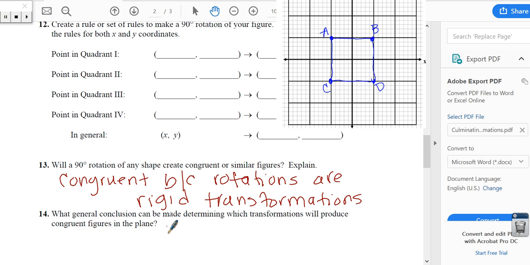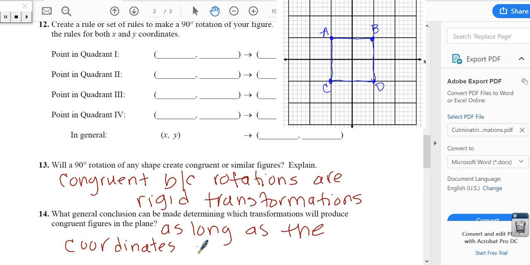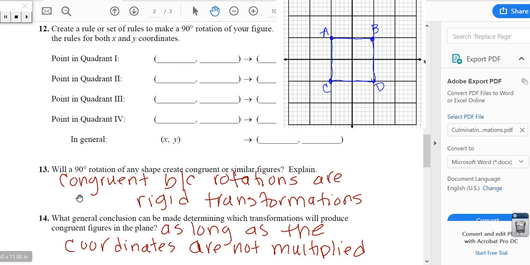So all you have to say is, as long as the coordinates are not multiplied by a scale factor, then the figures will be congruent.